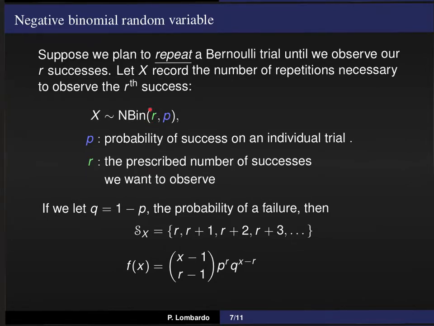There's two parameters, r, which is how many successes you're looking to achieve, and p, which is the probability of success on any individual trial. Now, keep in mind that if r is equal to 1, this is the geometric random variable. So it's an extension of our geometric random variable, this negative binomial.